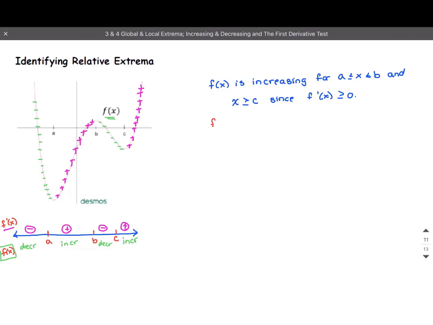We can also say that f of x is decreasing for x is less than or equal to a and b less than or equal to x less than or equal to c, since f prime of x is less than or equal to 0. So these two statements are how the justifications will look in a problem.